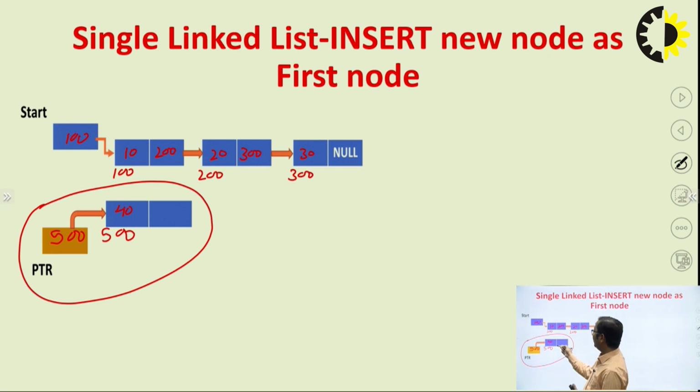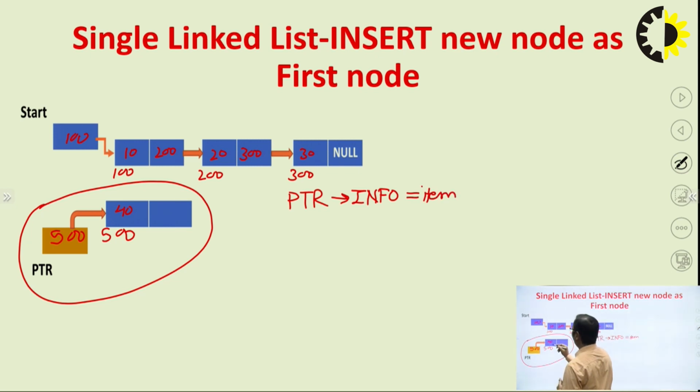Here we have shown it using the diagram. Now we have to insert that node as a first node. So first we insert the information field. We will write ptr arrow info. Now info will contain the item. Here item contains the value 40.